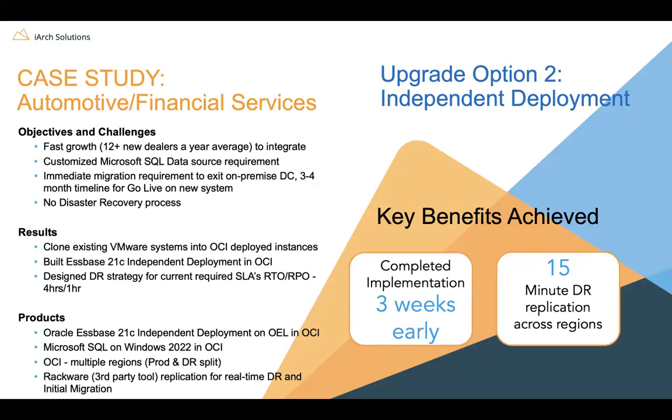We were able to design a modern DI strategy for them. And at the end of the day, we completed it three weeks earlier. We gave them a fully functioning independent deployment as well as a DR solution that met or exceeded all of their SLAs. So that was a very successful project for them as well.